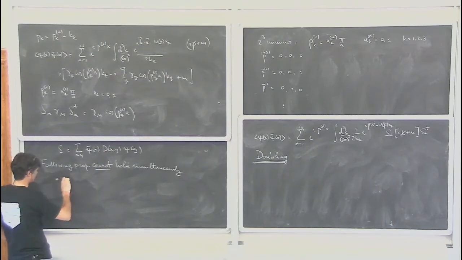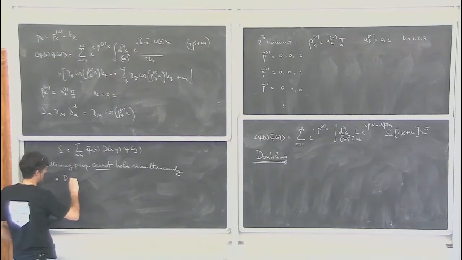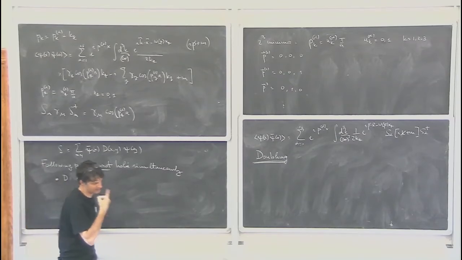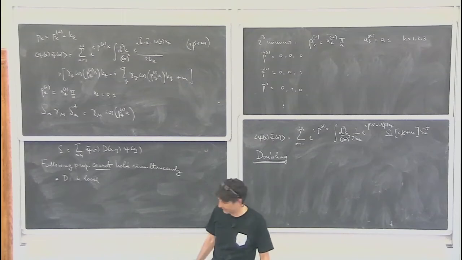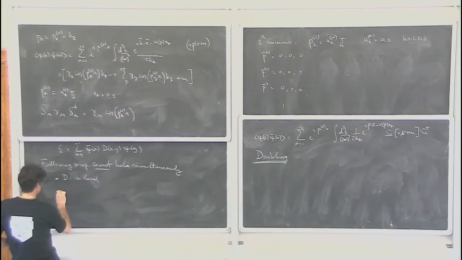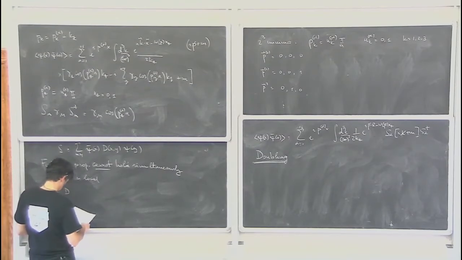So D is local, which means that D is a sort of polynomial function of the derivatives. That D has got the correct continuum limit.